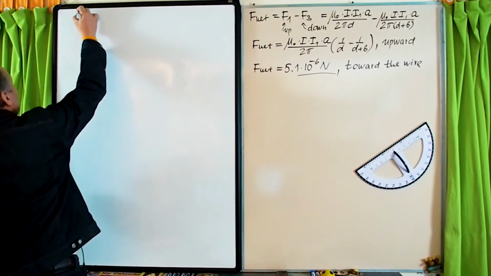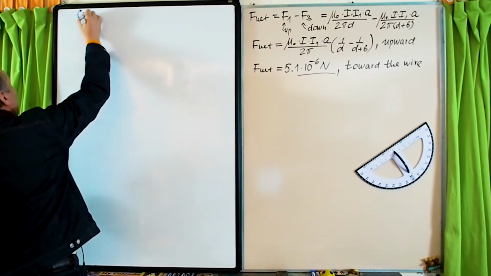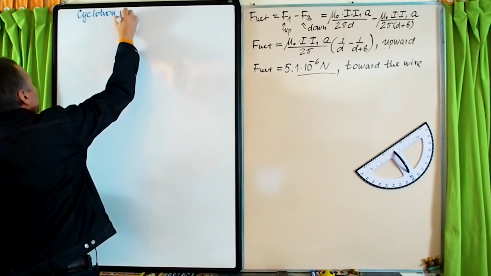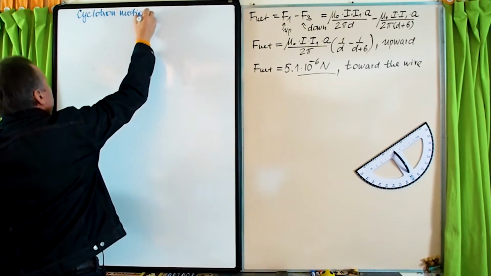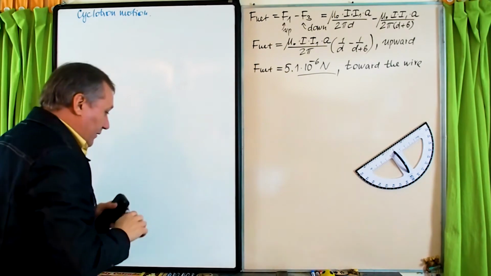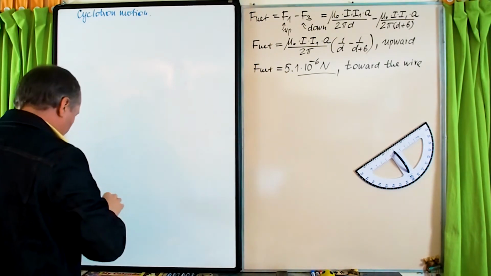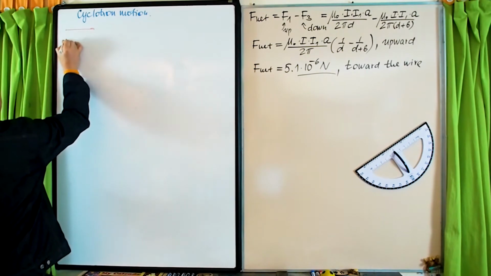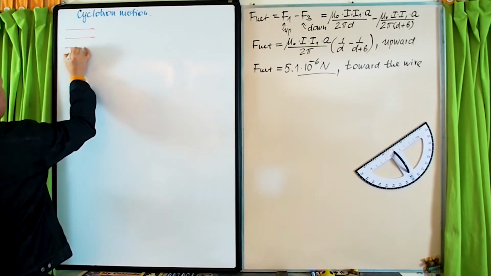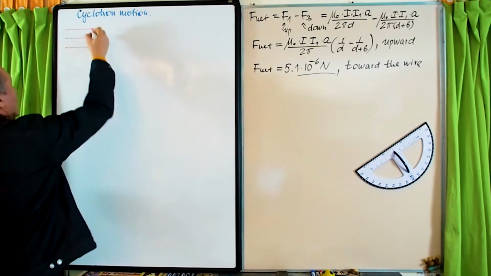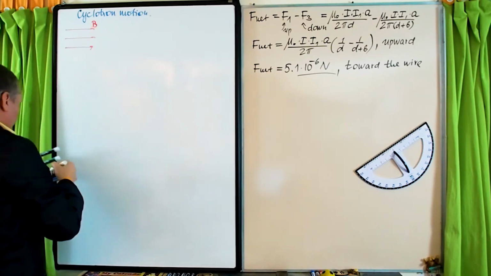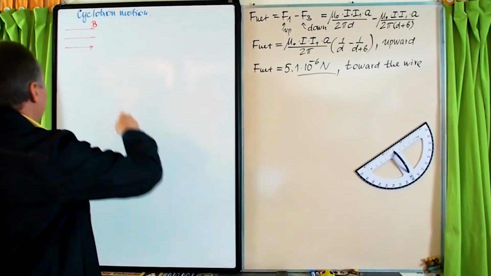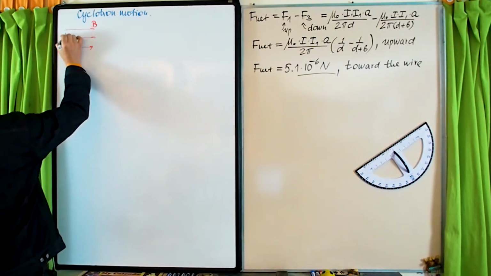Okay, probably I will write cyclotron motion. Let's start first with this situation. What if you have, for example, a magnetic field pointing this way, B? And what if I take an electron or proton and send it along the magnetic field lines?